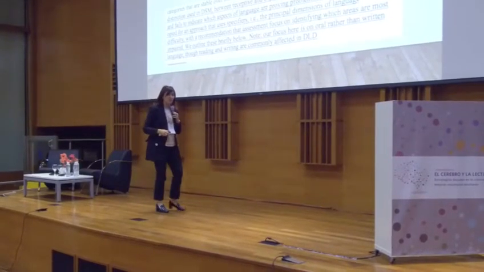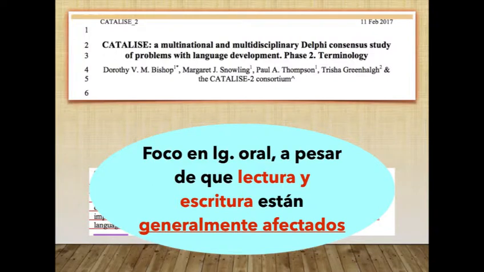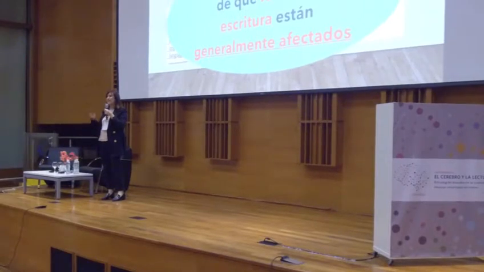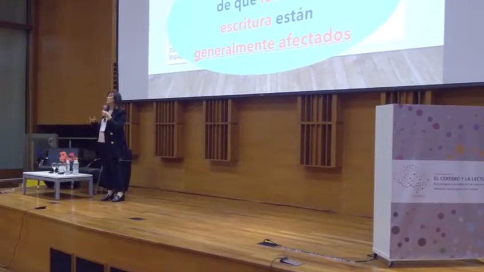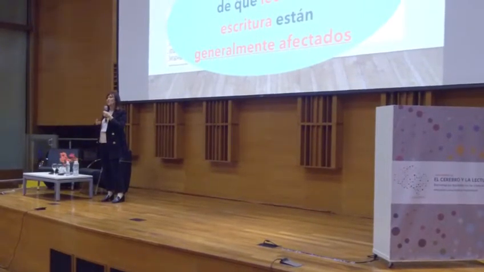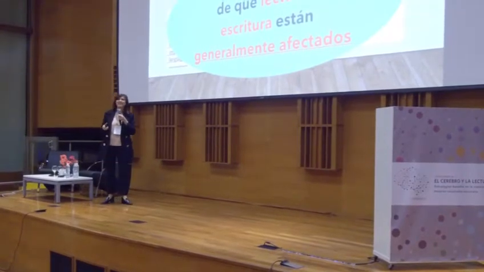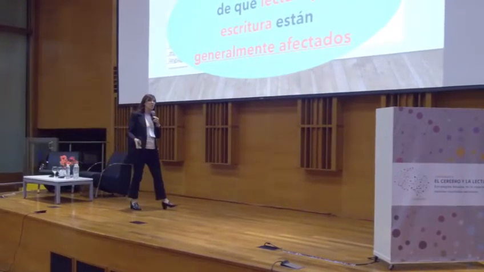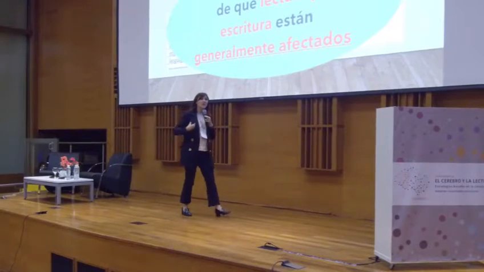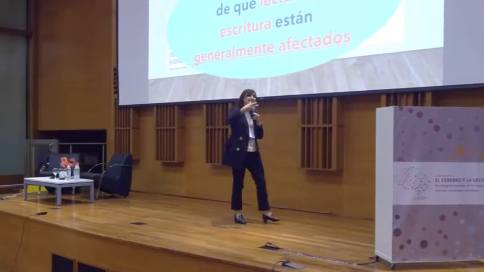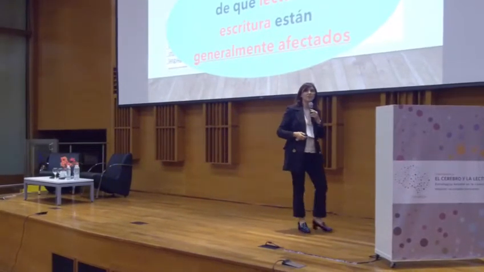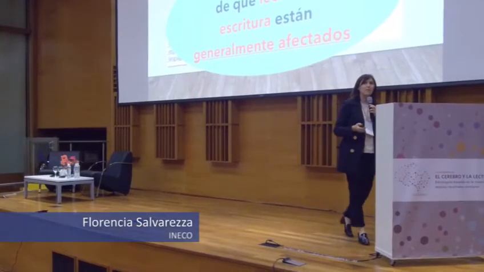In this consensus, this is a paragraph of that consensus, it clearly states that the focus is on oral language, in spite of the fact that reading and writing are typically and generally affected. They are part of the same definition of a language disorder. We cannot separate them. We are not saying that it's the same. We are saying that language disorders indicate that that child probably has school problems.